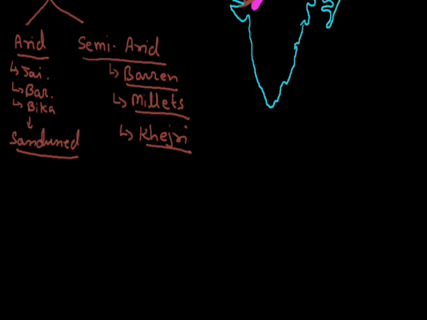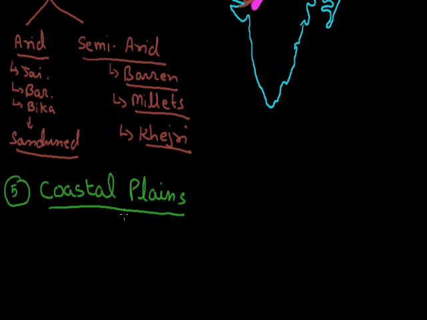Now let us come to the fifth physical feature, and that is the coastal plains. We have a very long coastline, more than 7,000 kilometers long. Obviously we have very long coastal plains, so we divide them into many parts.